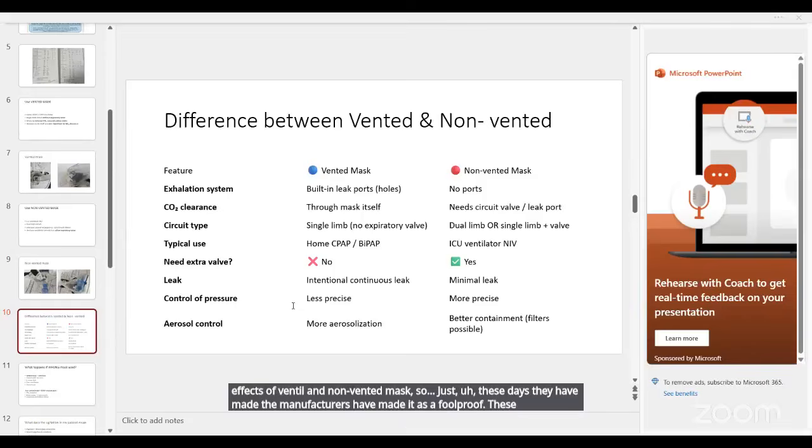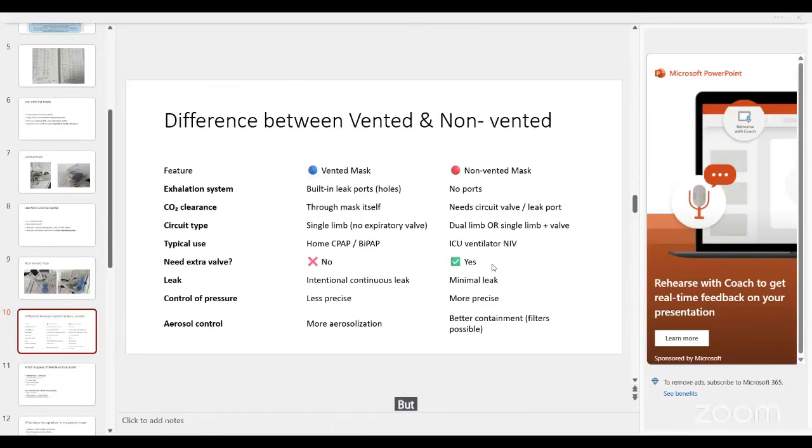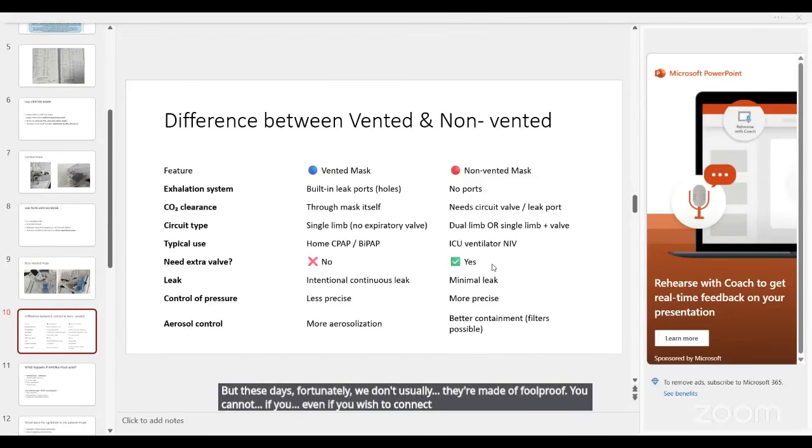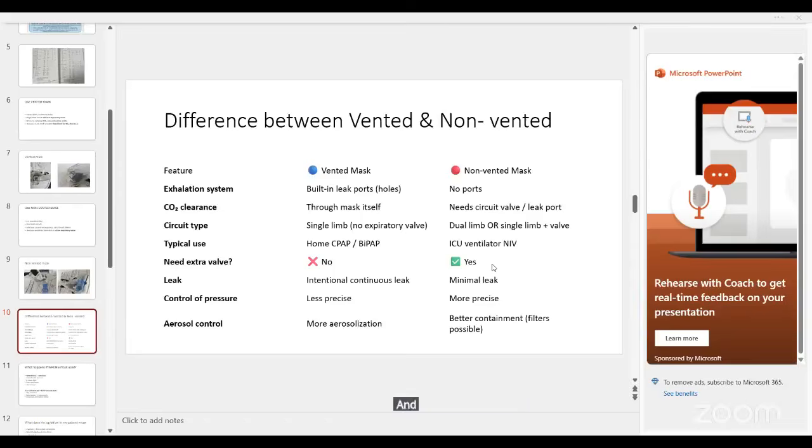We cannot connect a vented mask to a ventilator, because the fittings won't fit. In olden days we had a mechanism to fit it in, but these days fortunately they are made foolproof. Even if you wish to connect a vented mask to a ventilator, you cannot do that. And that is one part of it.